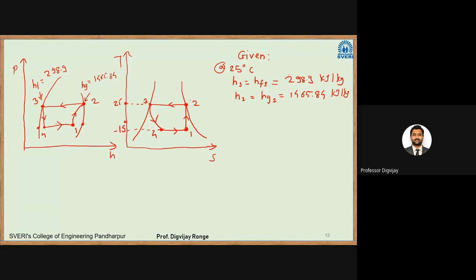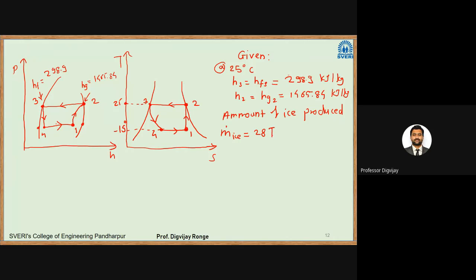Next, what have they given? They have given the ice produced. So the mass of ice produced, let us say the notation is m_ice, they have given as 28 tons per day.